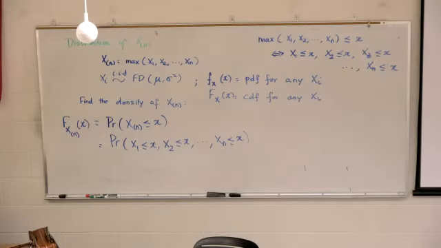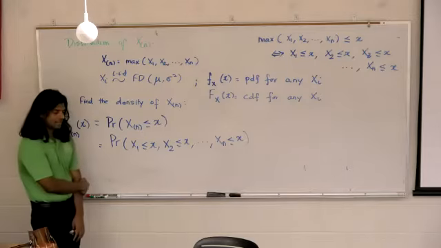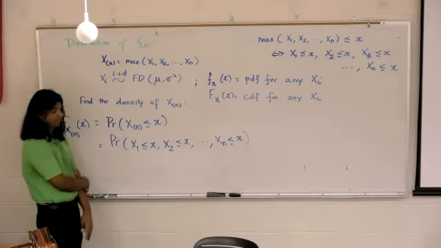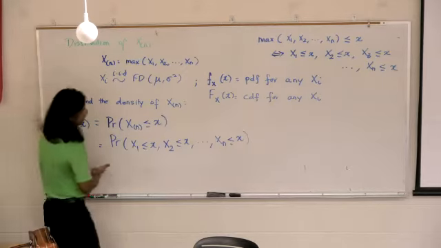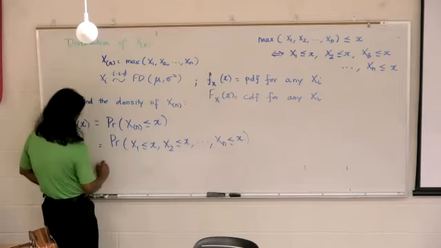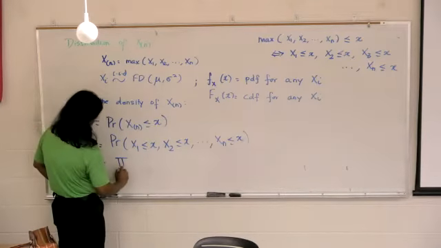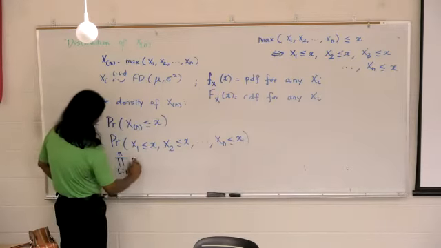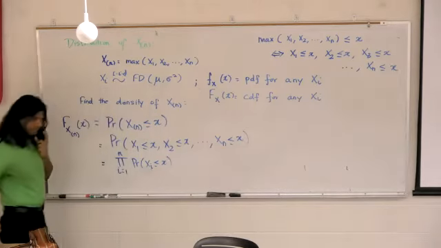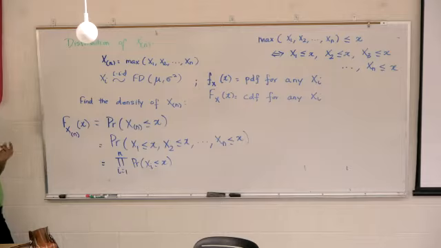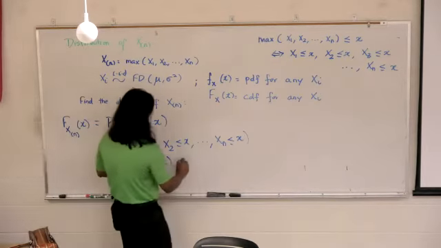And since we have IID random variables, I can use the multiplication rule: probability of A and B is simply probability of A times probability of B under independence. So I can write the probability of Xi less than or equal to x, and multiply.